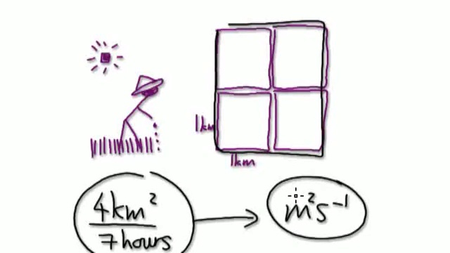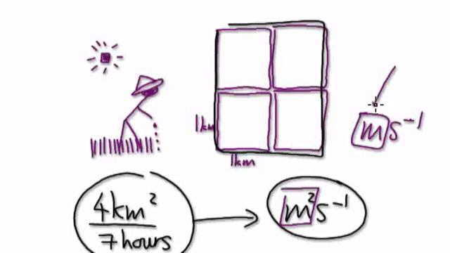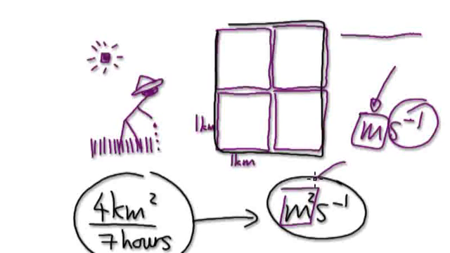Now this thing here is an area. It's not meters; this thing here is a length. So you're talking about the length of a string in a certain amount of time. Now I want meters squared, meaning now I'm talking about an area in a certain amount of time.